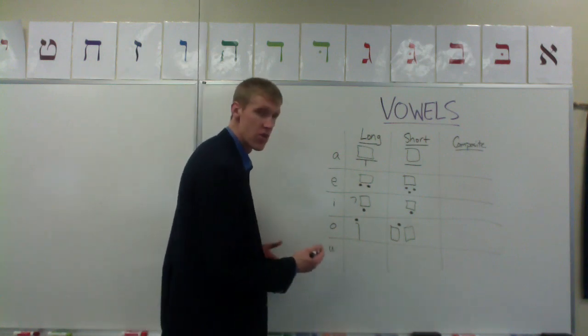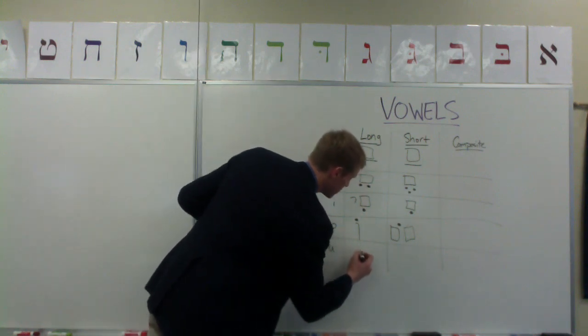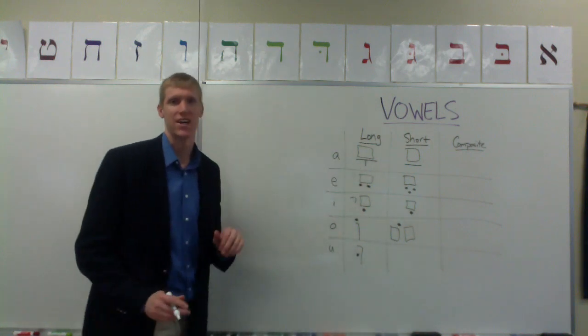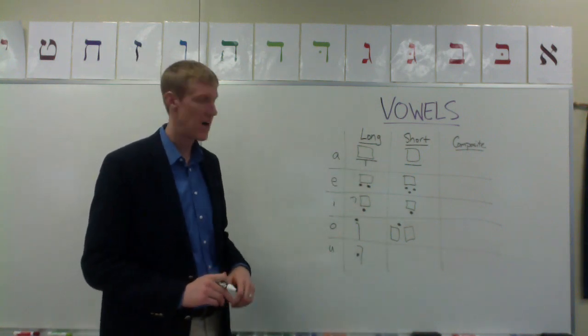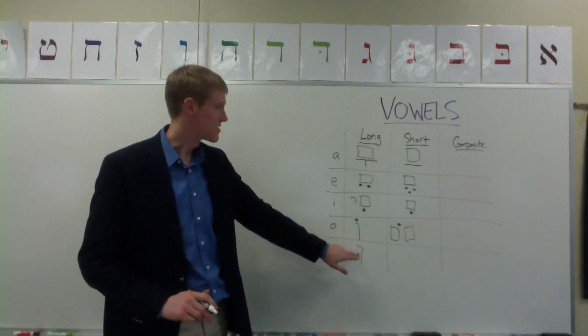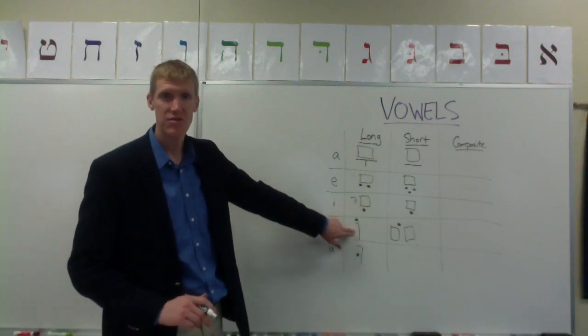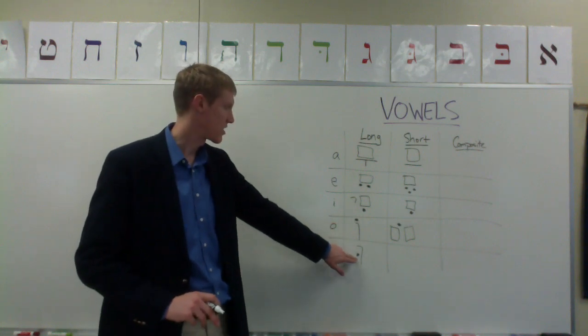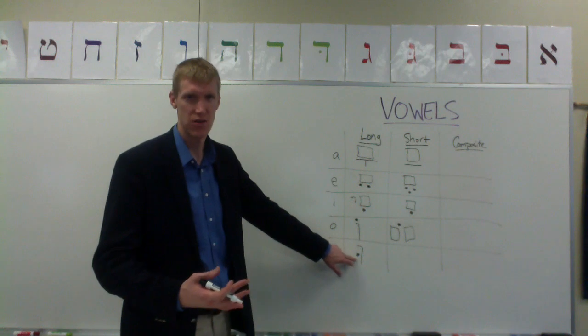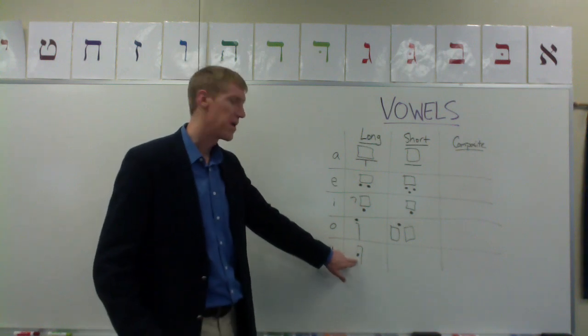And finally, the U class vowel is a shurek vav, which is a dagesh. Instead of the dagesh being on top of the vav, making it an O sound, the dagesh was eaten by the vav, or the vav is pregnant with a dagesh, however you prefer, and it makes an U sound.